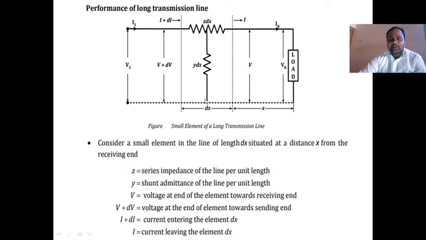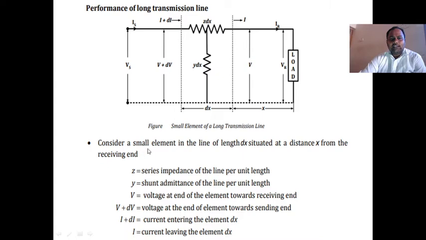So in dx the parameters are y dx and z dx. So clearly showing circuit diagram. What is the difference between medium and short with long transmission line? Here all the parameters we assume to be distributed parameters.